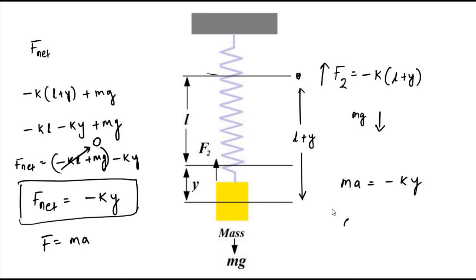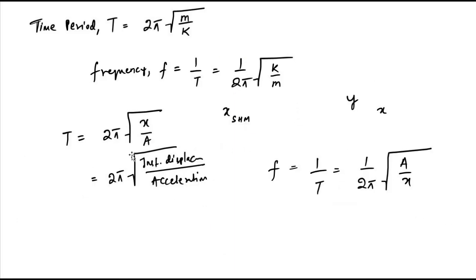So acceleration is equal to minus k by m times y. And if we want to determine the time period and frequency, we can do it by putting the acceleration value in the time period formula. Mass and spring constant are the same, so the same equations are valid.